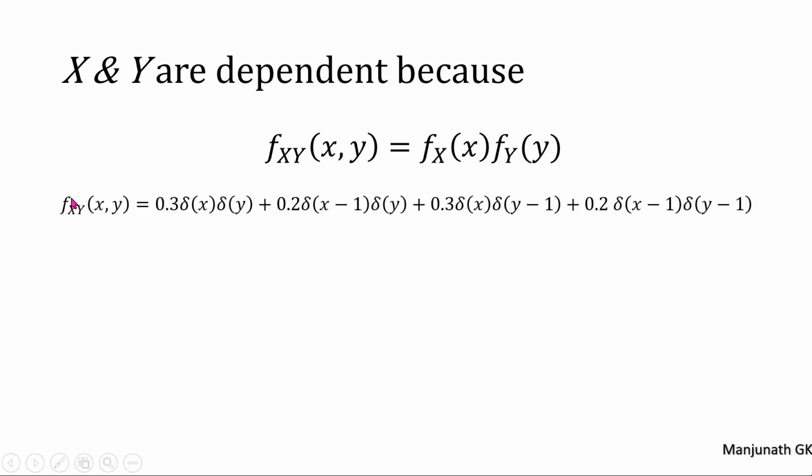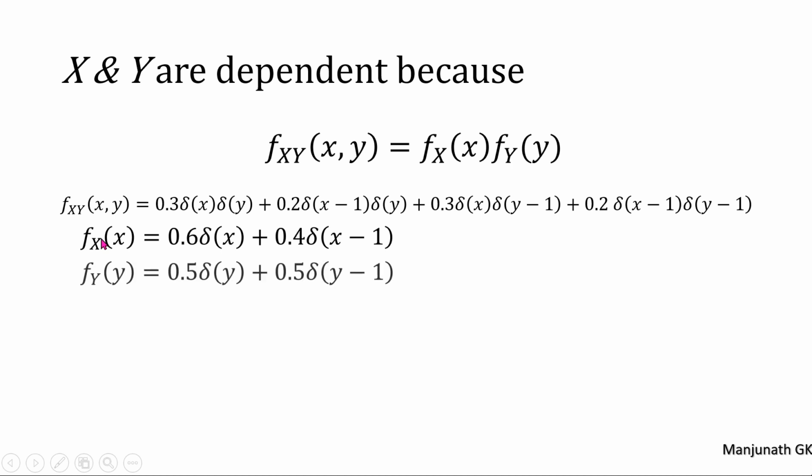The bivariate PDF is already given, and we have calculated fX(x) and fY(y). So the multiplication of these two should be equal to the given bivariate PDF. If that is the case, the given x and y are independent, else they are dependent. So simplify, get the result, and tell me your answer in the comment box.